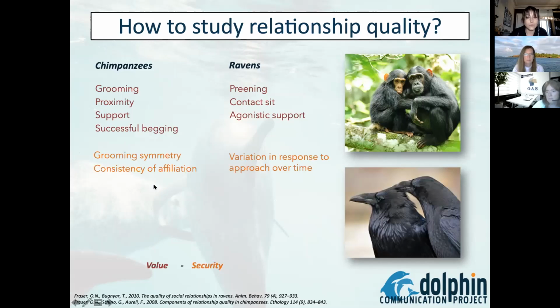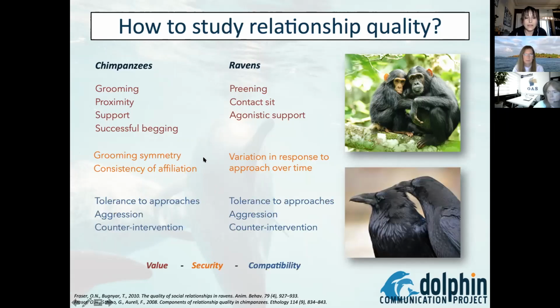Then they had this group here, which comprises symmetry and consistency over time. And so it was related to the security component. And then they had this group here, and it's more an affiliative and tolerance point of view. And so they related it to compatibility. And basically, this is what we wanted to try to do with dolphins.